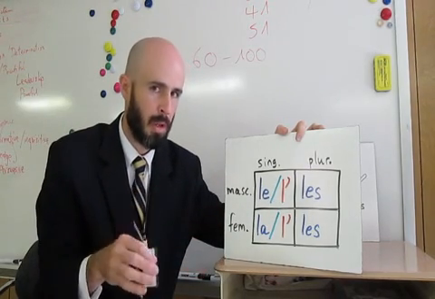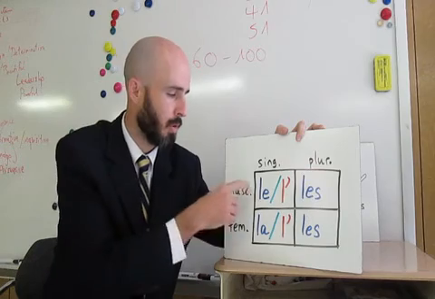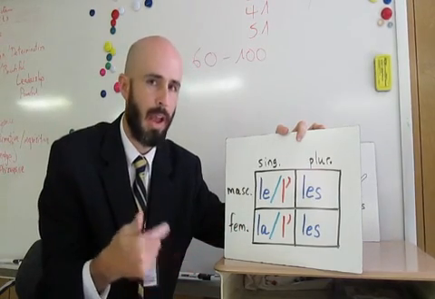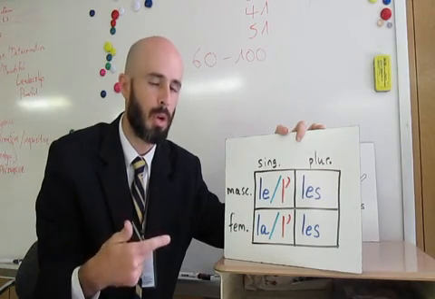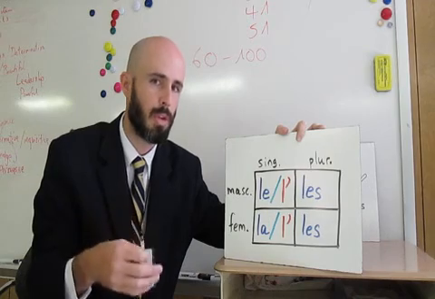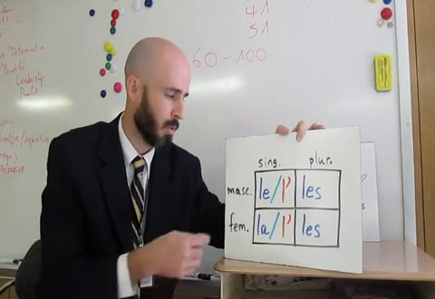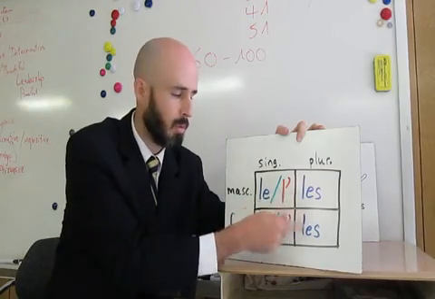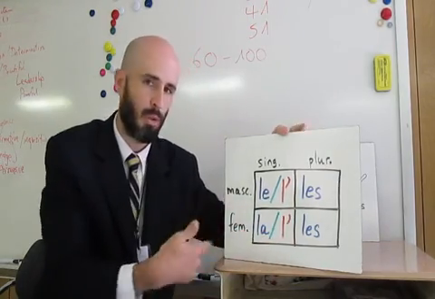And remember, in French, all our modifiers, articles, and adjectives have to agree in gender and number with the nouns they modify, that is, the nouns they refer to. So you have masculine singular, feminine singular, masculine plural, feminine plural. Those are the four forms.